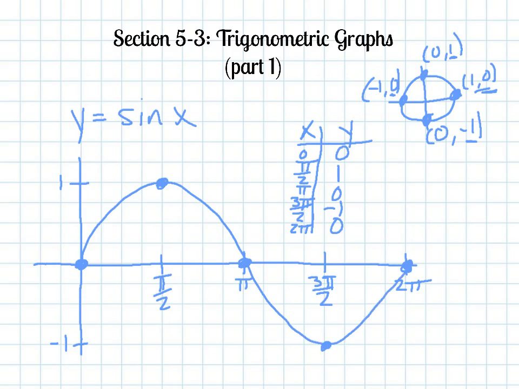Now, that's what sine will usually look like. It'll be an oscillating graph that goes up and down. And one other thing you need to know is that this is a period, or one cycle of sine. What a period means is that you're going from start to start before it repeats.